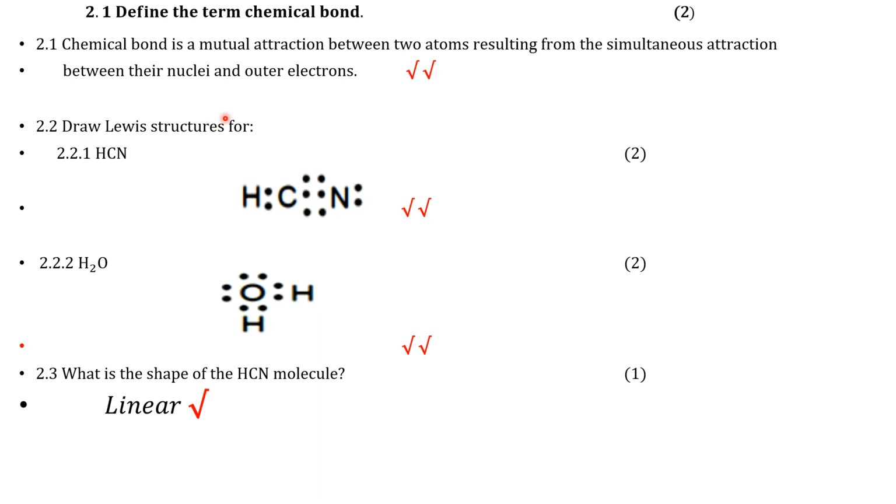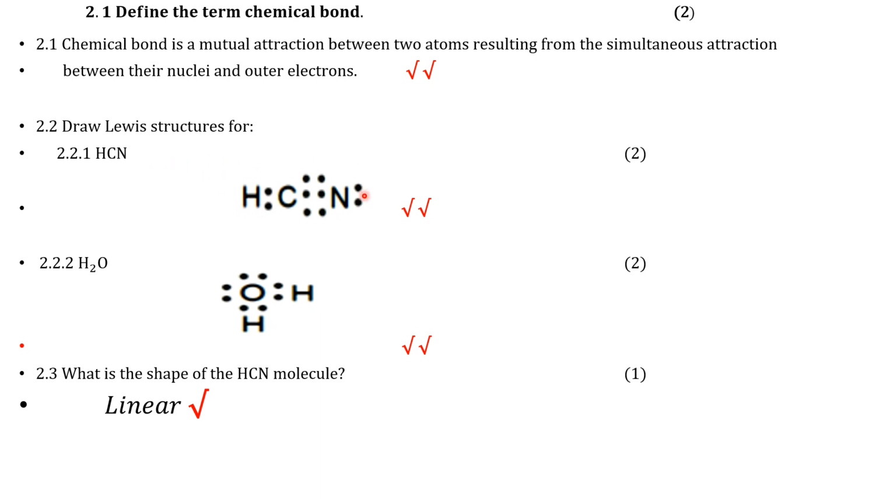Right, draw the Lewis structure for HCN. So first we need to know that carbon there would be the central atom. Carbon, group 4, has 4 valence electrons. Hydrogen, group 1, has 1 valence electron. And nitrogen, group 5, has 5 valence electrons. So there carbon, one of its valence electrons combines with 1 valence electron from hydrogen.